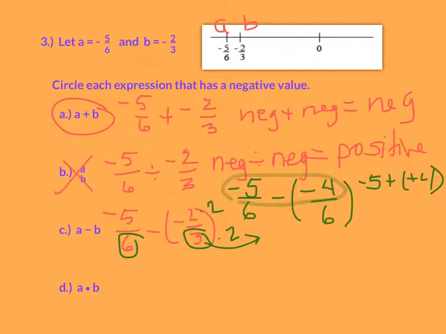So I'm looking for the absolute value of both of these, and I say which one has a larger absolute value. Negative 5 is further away from 0 than negative 4. So 5 minus 4 is 1, and the answer is negative. So that means I circle this one, because I'm still looking for those negative ones.